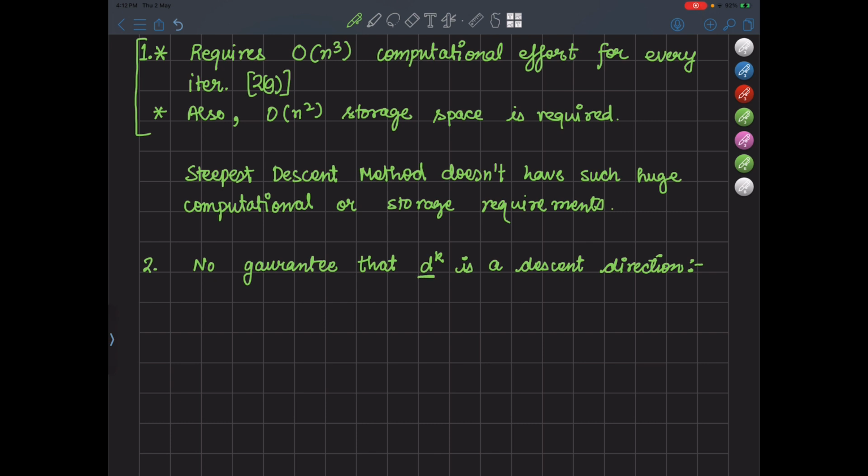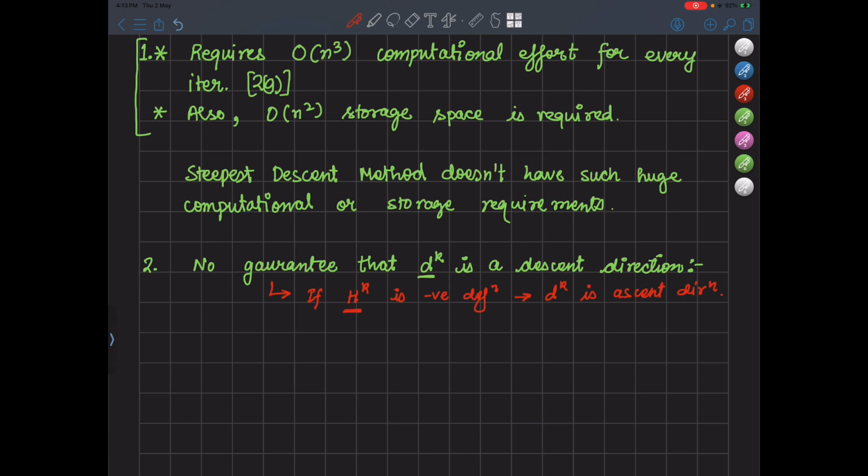If you see, if Hk is negative definite, then dk is actually an ascent direction, which is not what we want, and there are no restrictions on what Hk can be.